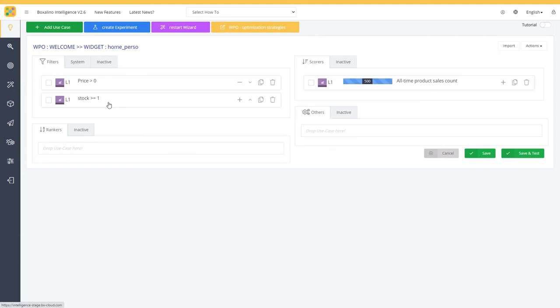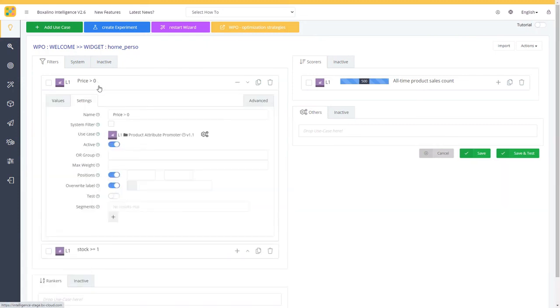So what the system will do is it will relax the filter, and it will relax the filters from the bottom up. So it means that it will first show these 3 products that have both filters matching, but then it would show actually 5 products that match the first filter but do not match the second filter. So it will actually relax or remove one of the filters to fill up the recommendations to match the numbers that you're asking for.